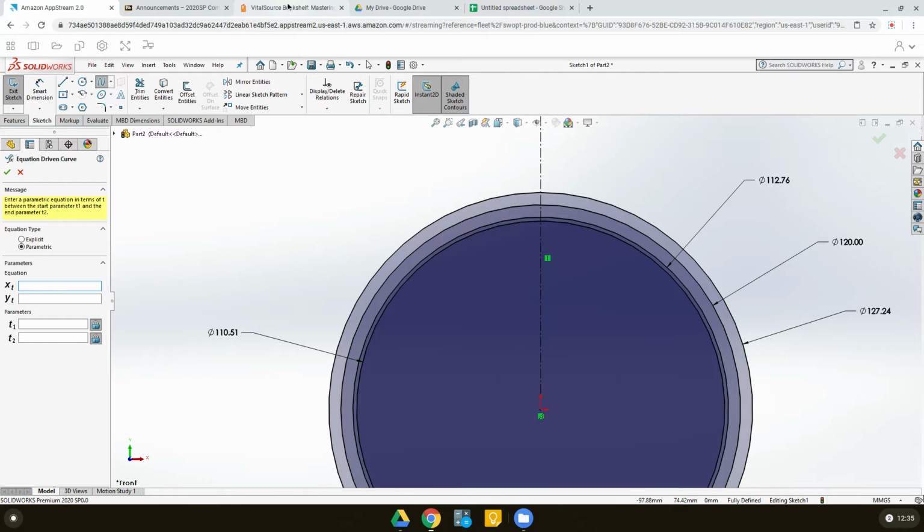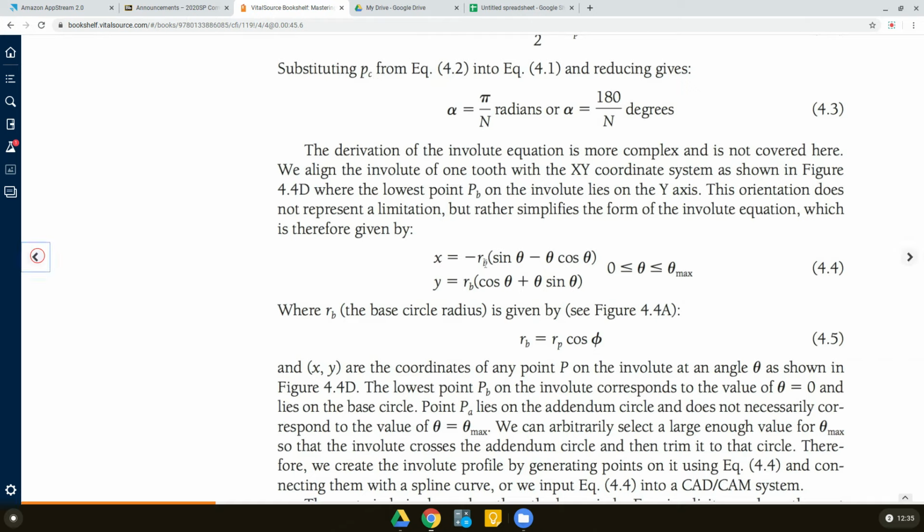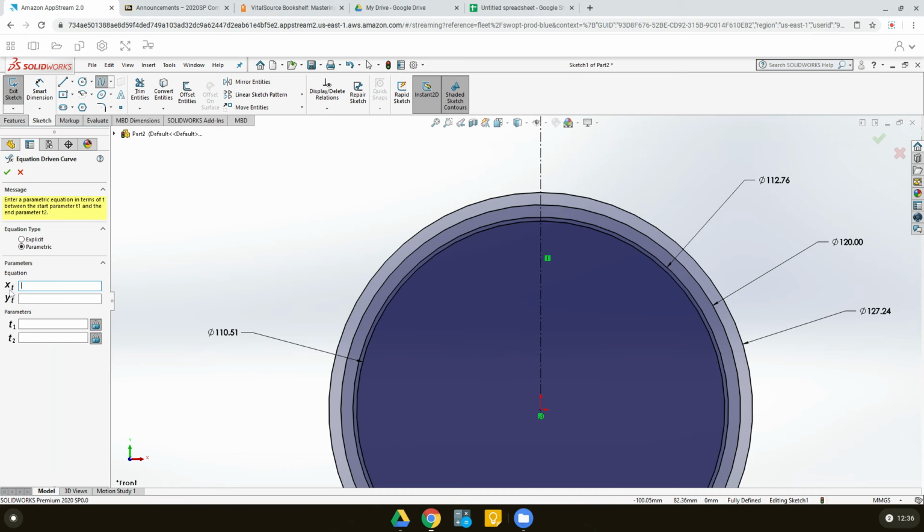the x coordinate is minus rb times sine theta minus theta cos theta. What we call theta here, in SolidWorks is called t. So we will do that.